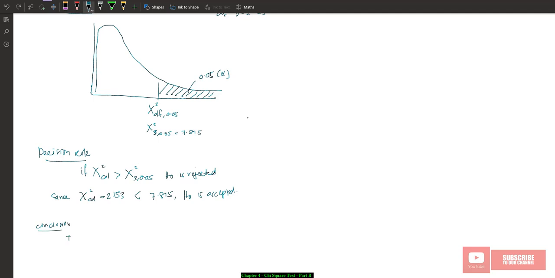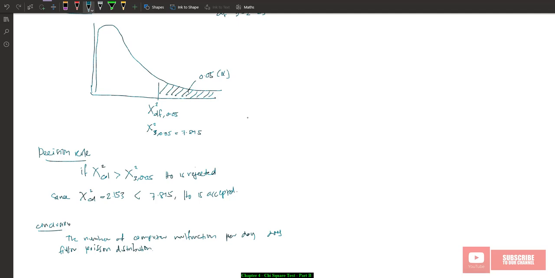So our conclusion is the number of computer malfunctions per day does follow the Poisson distribution, right?